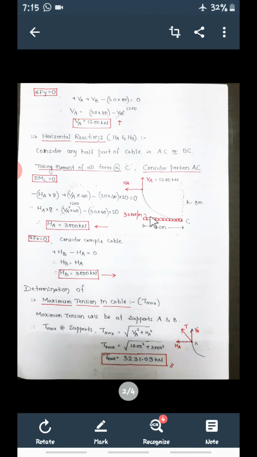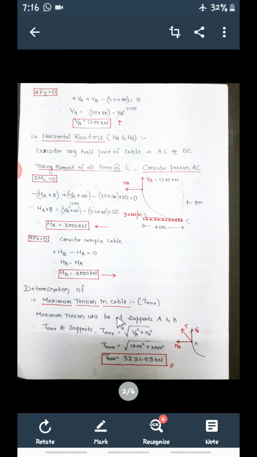Now these are the reactions, finding the vertical reactions and the horizontal reactions. Now let us start with what they have asked here. First is the maximum tension in the cable, that is Tmax. We already know where the tension will be maximum, at both the supports. At support A and at support B, tension will be maximum in the cable.